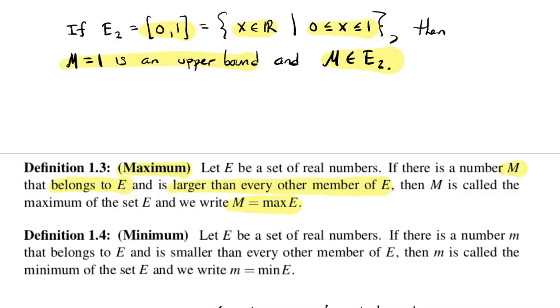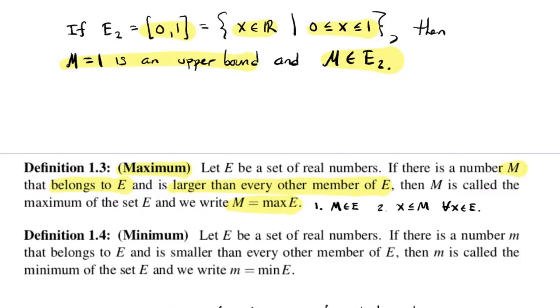I encourage you to think of this as a two-part definition. First, the maximum has to belong to the set E. The second condition is that the maximum is greater than or equal to x for every number x in E. So an upper bound that belongs to the set is called a maximum.